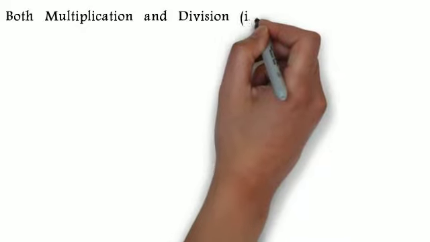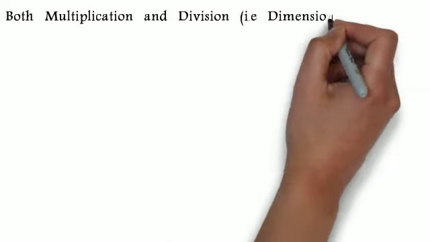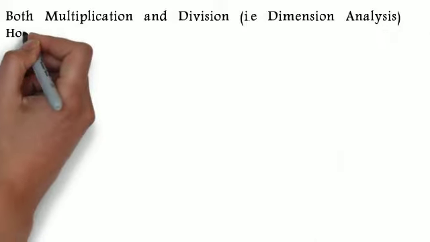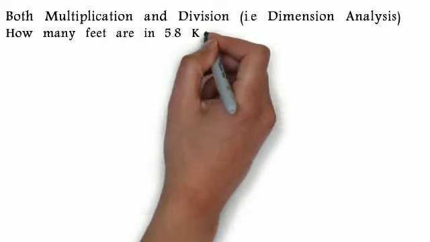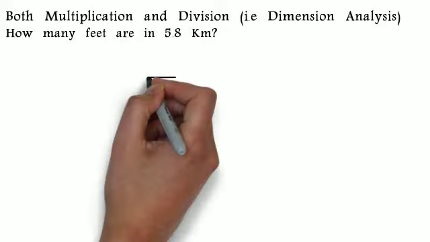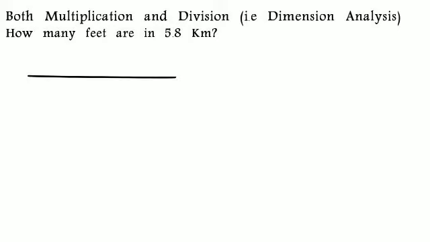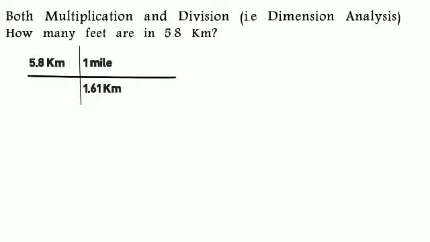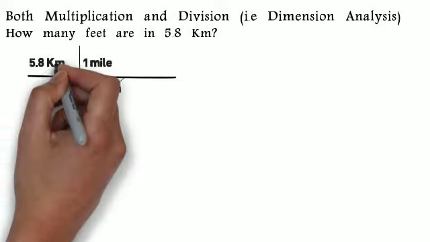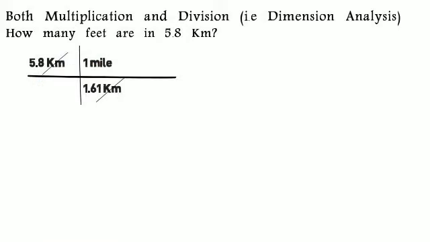Now, in problems where we have both multiplication and division, again, the same rule is going to apply. This is for a situation like a dimensional analysis problem. If I asked how many feet are in 5.8 kilometers, we're going to set up our dimensional analysis where 5.8 kilometers is our starting value, the given value, and we have 1 mile is 1.61 kilometers.